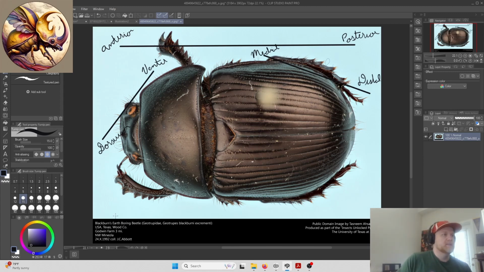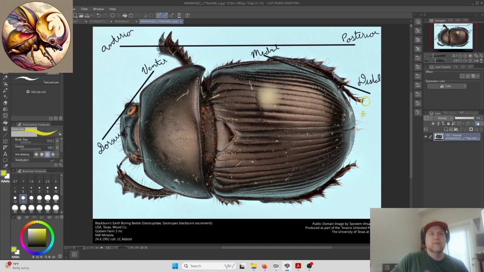One of the weird things that happens, particularly with beetles, is what we refer to as the apex and the base of things. So for instance, when I was talking about apical on the leg here, the apex would be this.